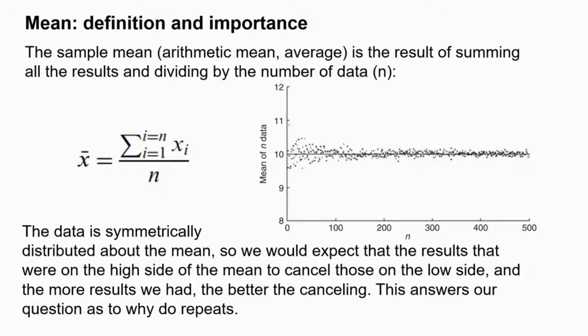For example, if you are measuring the concentration of your solution maybe 5 times, 10 times or 20 times, your mean will be the sum of all those measurements divided by the total number of measurements. So it is the sum of all of your data divided by the number of data points. This is called the mean.